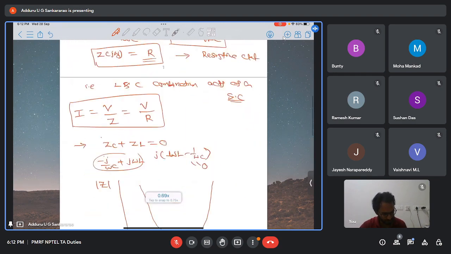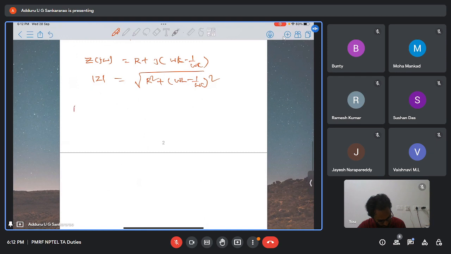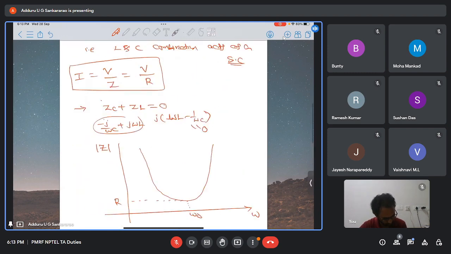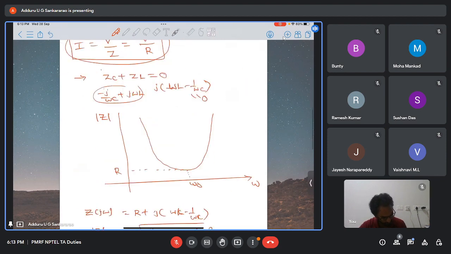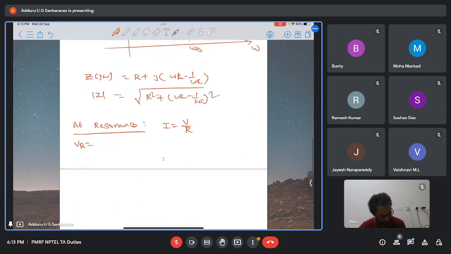Now what are the voltages at resonance? At resonance, we will see what are the voltages across the capacitor, inductor and resistance. Since we have I equal to V by Z, but Z is R, that's why I equal to V by R, that's the series current.